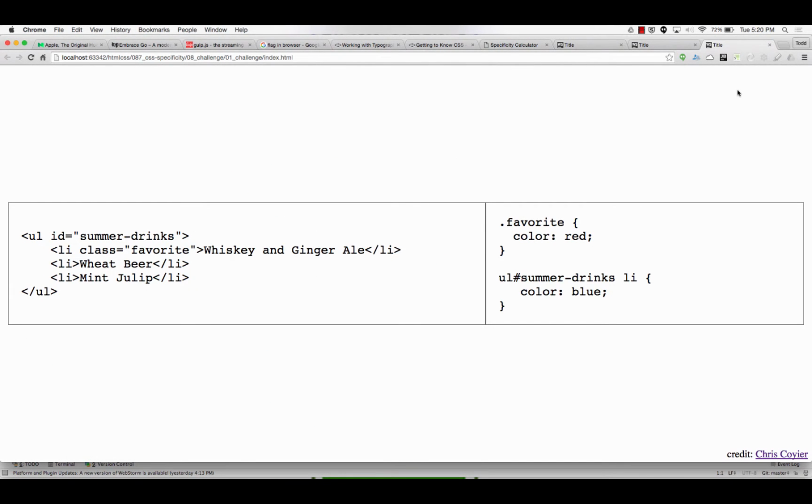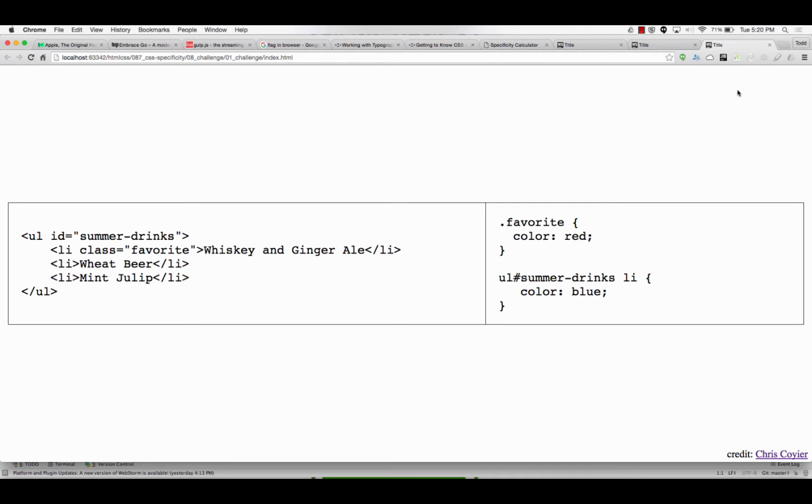Okay, wrap your head around this one. What color is whiskey and ginger ale going to be? Are you sure?